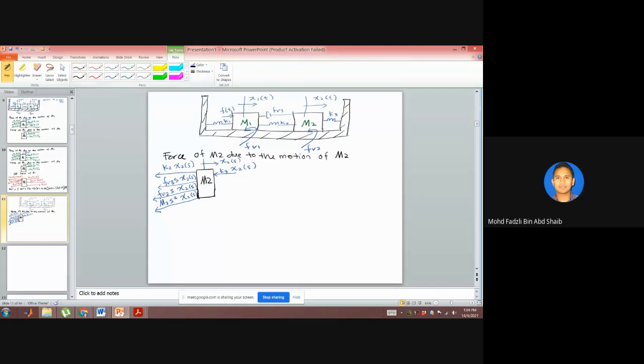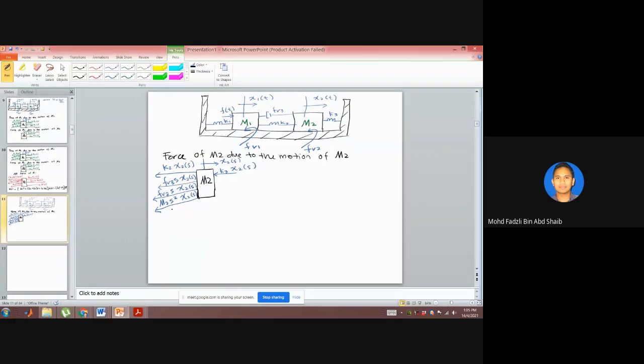This is the force, okay? We have K3 here, K2, FV3, and FV2. FV2 is here, and M2 is here.